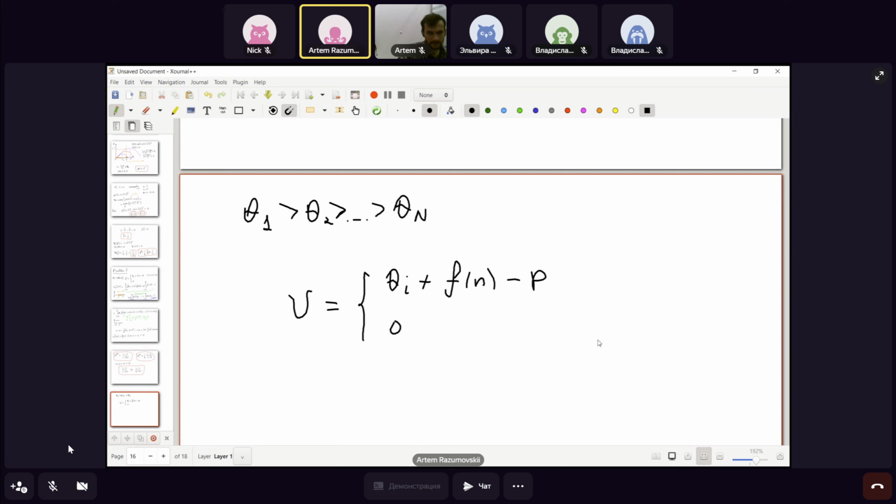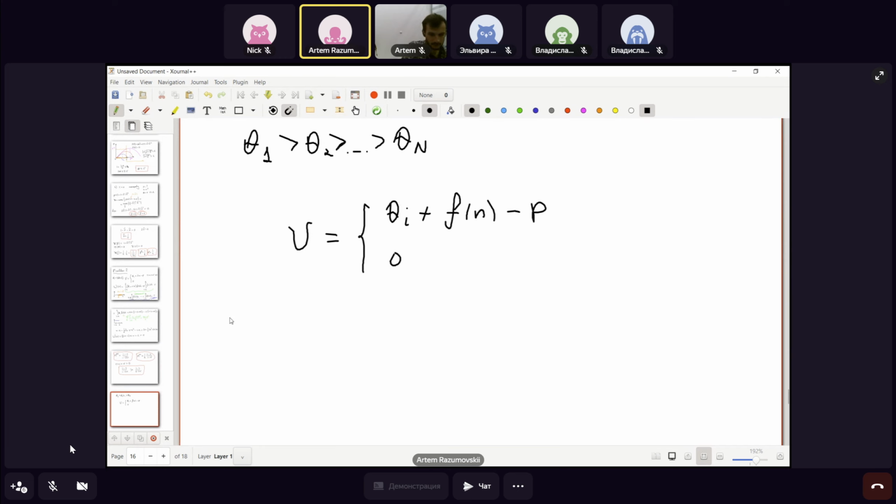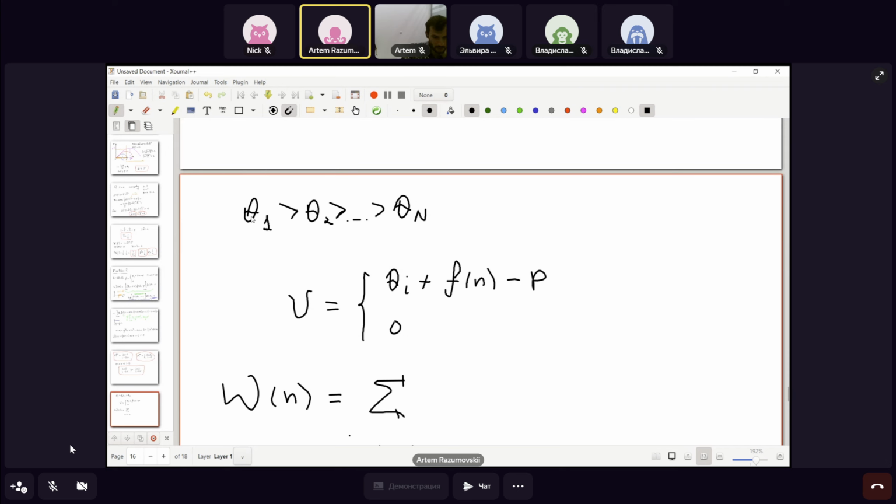And we will consider the social welfare. So the welfare function, which depends on n now, is the sum of those who join, here over i from first to n. Since our theta 1 is greater than theta 2 and so on, the first will join first because they have more utility from joining the platform.